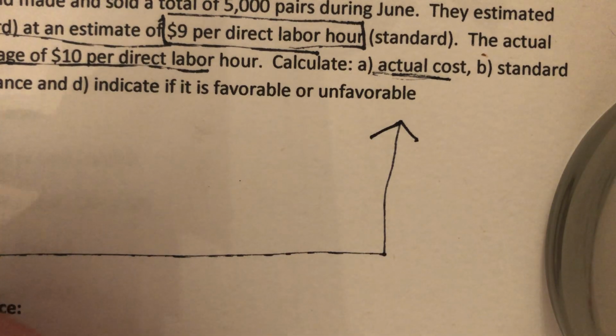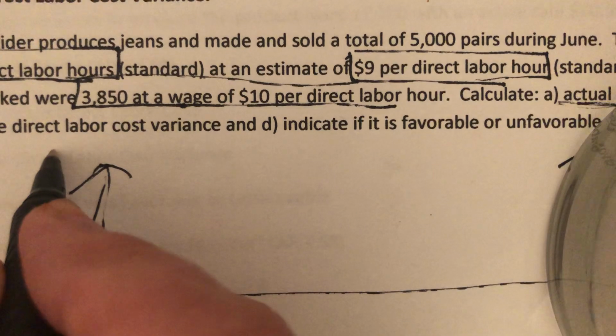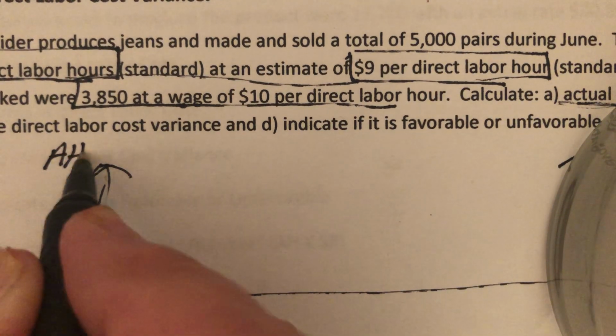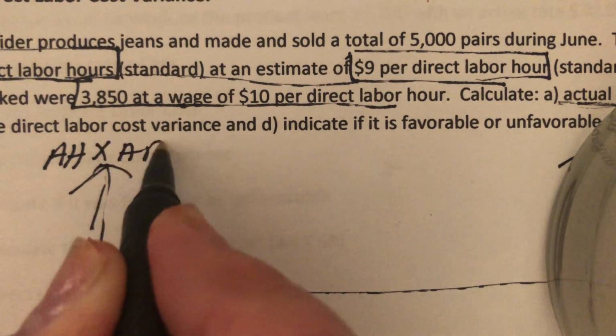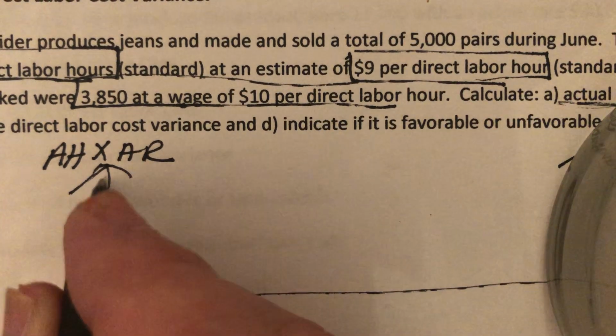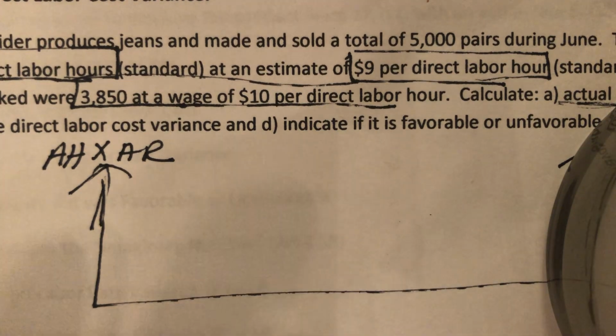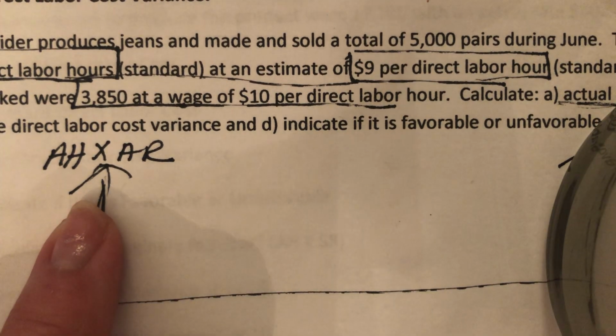So drawing your model, on this side we're going to have actual hours times actual rate. For the materials, it was actual quantity times actual price, but it's changing slightly here.